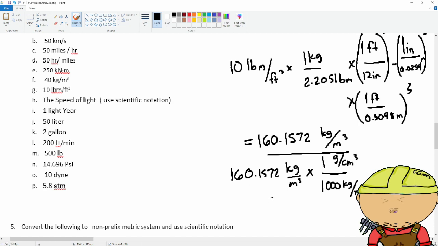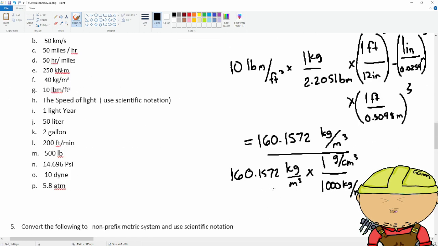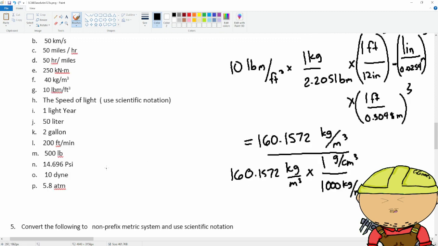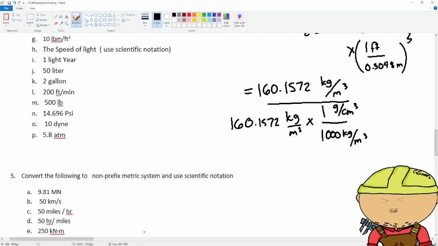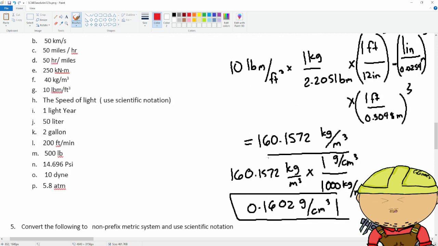If you backtrack to the first one, the 40 kilogram per meter cube of letter F becomes 0.04, and this will become 0.1602 gram per centimeter cube, using 4 decimals.